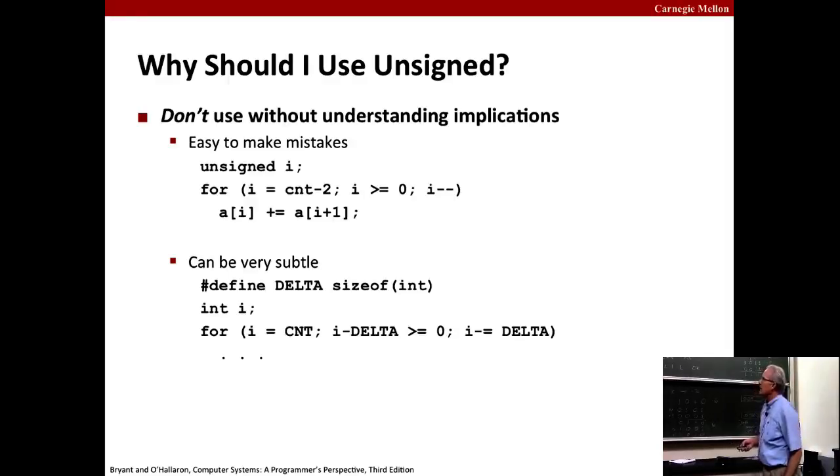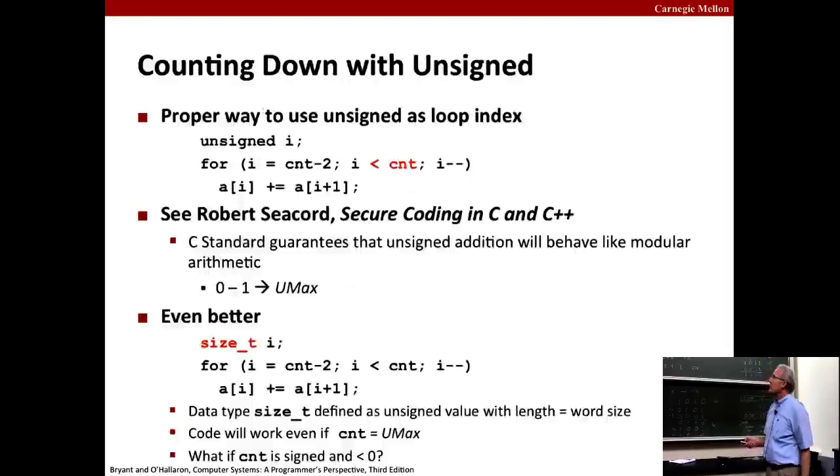So one way to deal with that is just don't use unsigned. And make sure if this is a possible unsigned number, you cast it to signed. You make sure that this is recognized as signed. But there's another way. There's a fellow over in the Software Engineering Institute named Robert Seacord, who has written the books that are considered the gold standard for how to write secure code.